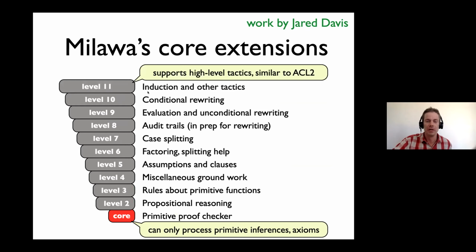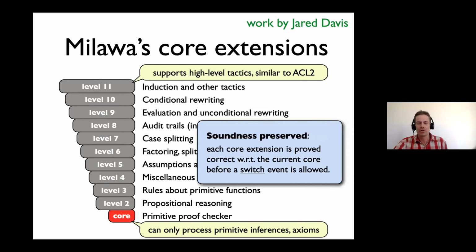But at the top, you do conditional rewriting, for instance, as a primitive inference of the proof checker, which, if you talk to anyone from the HOL4 or Isabelle/HOL community, you know that is definitely not a primitive inference. That is quite a complicated thing. Yeah. And soundness was proved to be preserved here.